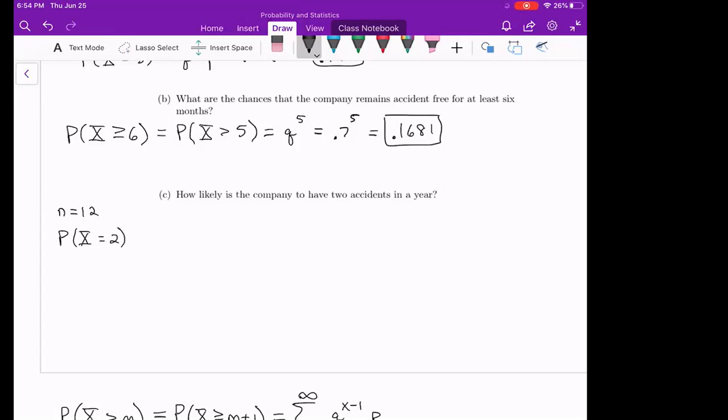So x corresponds to the number of accidents, which means our little p is the probability of having an accident, which is 0.3.